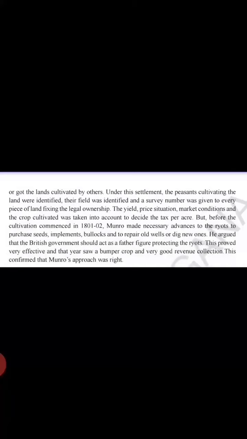As per the survey, the land was identified: how much is the area of land, whose land it is, and who is the owner of this piece of land. Numbers were given to the land and the ownership was assigned. In this way, he did the survey.